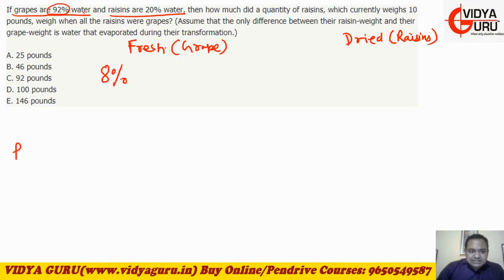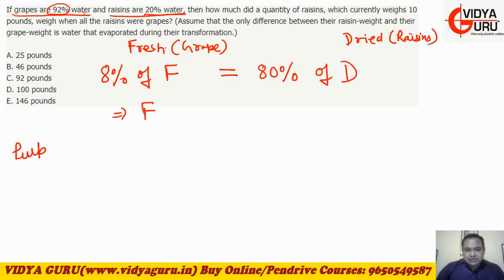I am forming the equation that 8% of fresh is equal to, in raisin, 20% is water, so 100 minus 20, 80% is pulp. So 80% of dried. From here I get the ratio F by D is equal to 80 by 8, so 10 by 1.